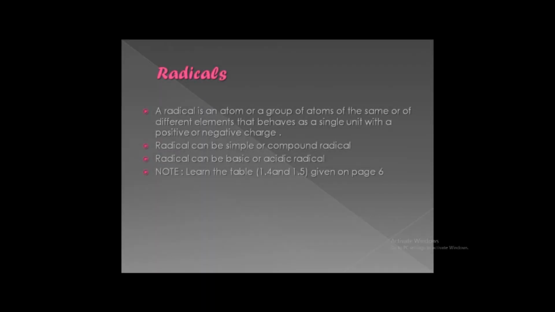Student, a molecule of a compound is usually made of 2 parts. Example, NaCl, so Na is 1 part and Cl is the other part. What is a radical? A radical is an atom or group of atoms of the same or of different elements that behave as a single unit with positive or negative charges. A radical is of 2 types.